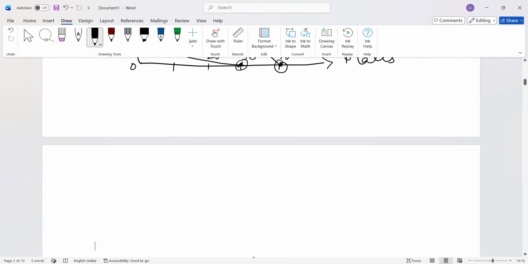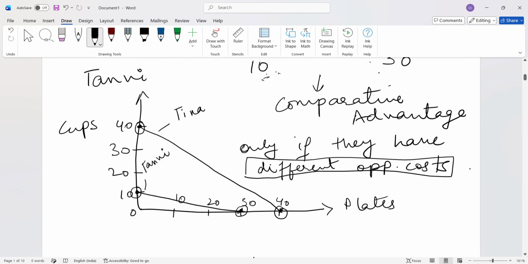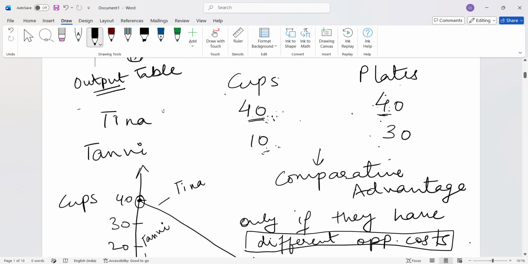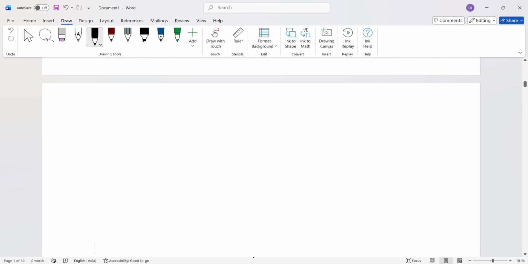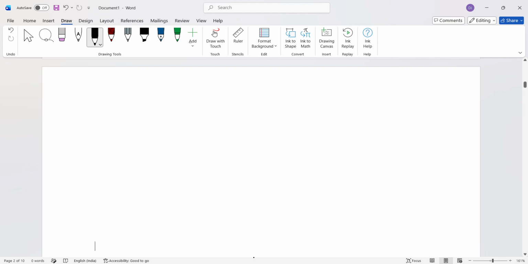Now let's see how. Given that matrix, what we have to calculate in order to know whether the opportunity costs are different or the same, we have to calculate opportunity cost from this table. I'll write the table again below so that it's easier for you to understand, and then see how I calculate the opportunity cost. That's very important. You do get lots of questions on opportunity cost like this.